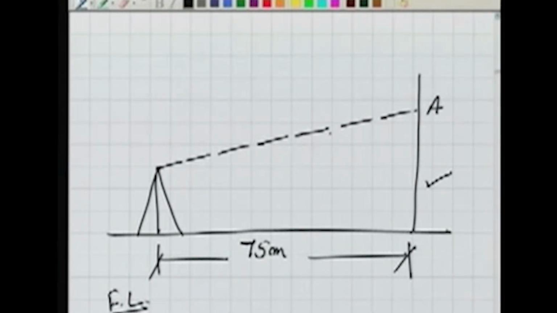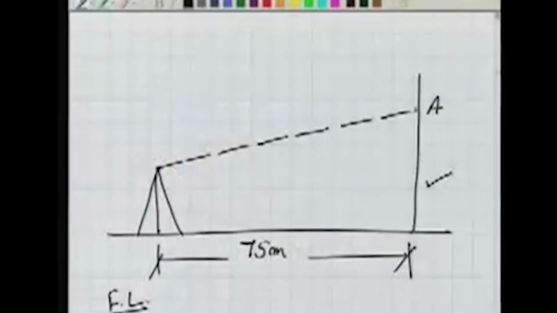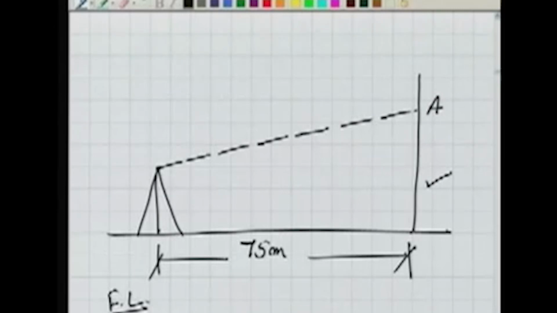Now why am I taking it this way? Because we know there is a shift, and right now the center of the cross wire is somewhere here. So the line of sight is going up. Well, I am bisecting the ranging rod at A, then I change the face. Now the line of sight will come here, or the center of the cross wire, and then it will stay here. Line of sight will go down now.